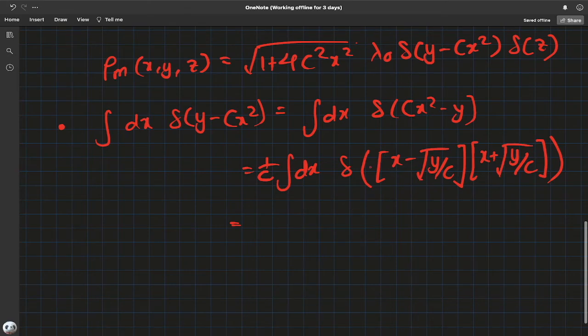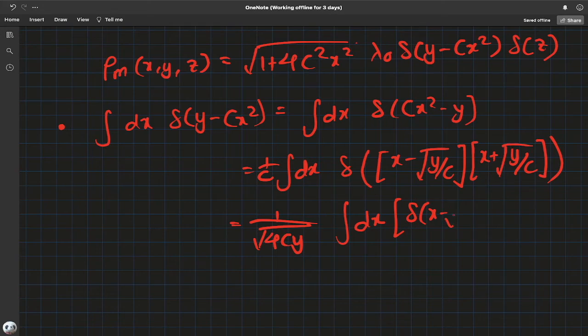And then using the quadratic input property of the Dirac delta, I can have 1 over square root 4cy, dx, delta of x minus square root y over c plus delta of x plus square root y over c.